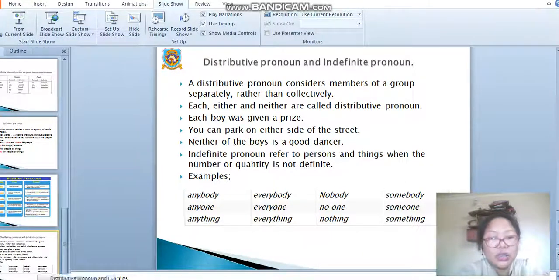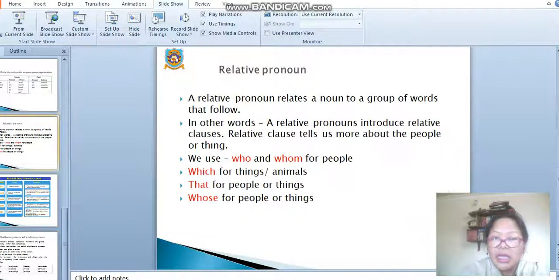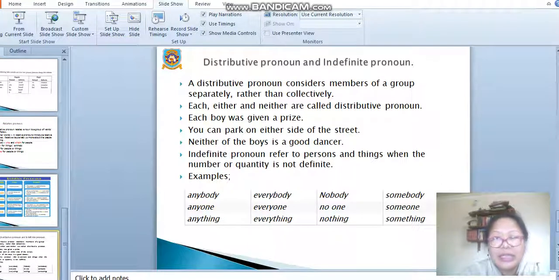Alright. So children, I hope in today's class the explanation of relative pronouns, distributive pronouns and indefinite pronouns was clear to all of you. Now the homework which was given to you in the last class. This was brain twister number 1, fill in the blanks with personal pronouns.